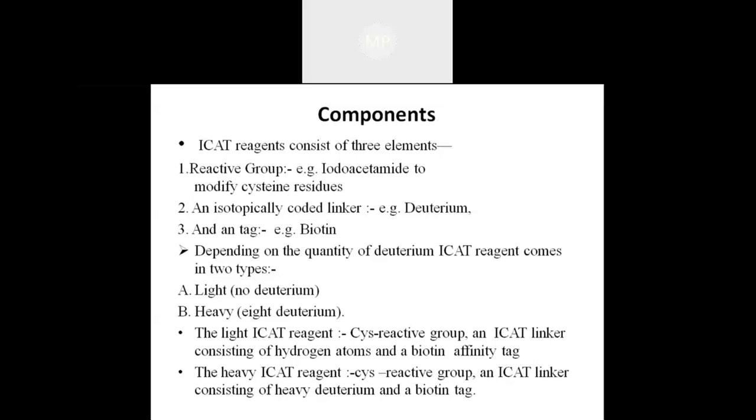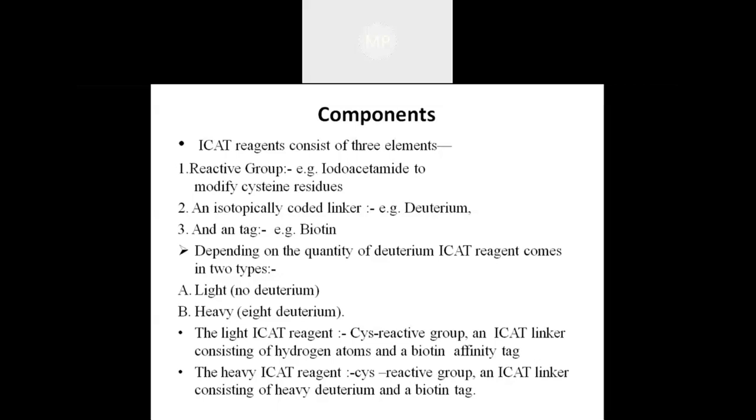The first is the reactive group. This is a specific chemical reactivity group for labeling amino acid side chains, towards sulfhydryl groups. Example: iodoacetamide to modify the cysteine residues.